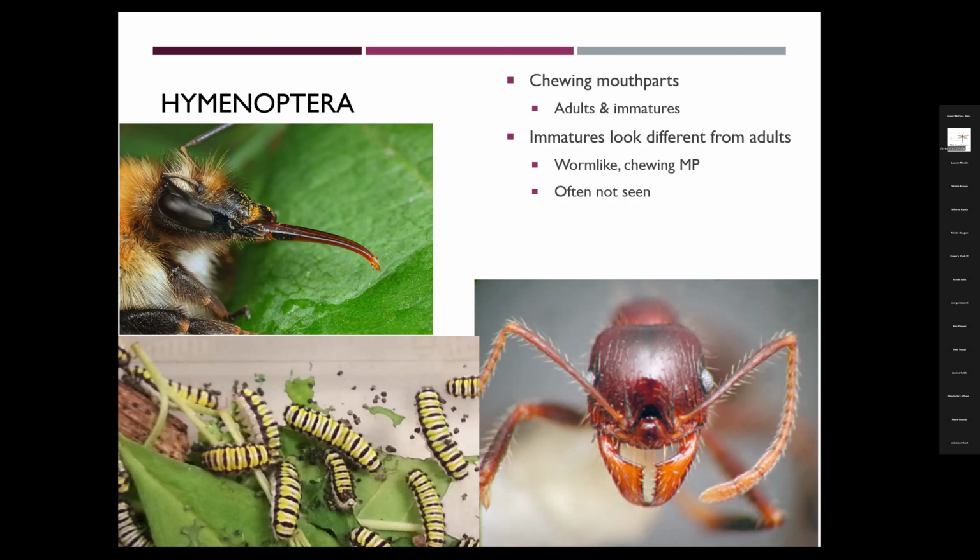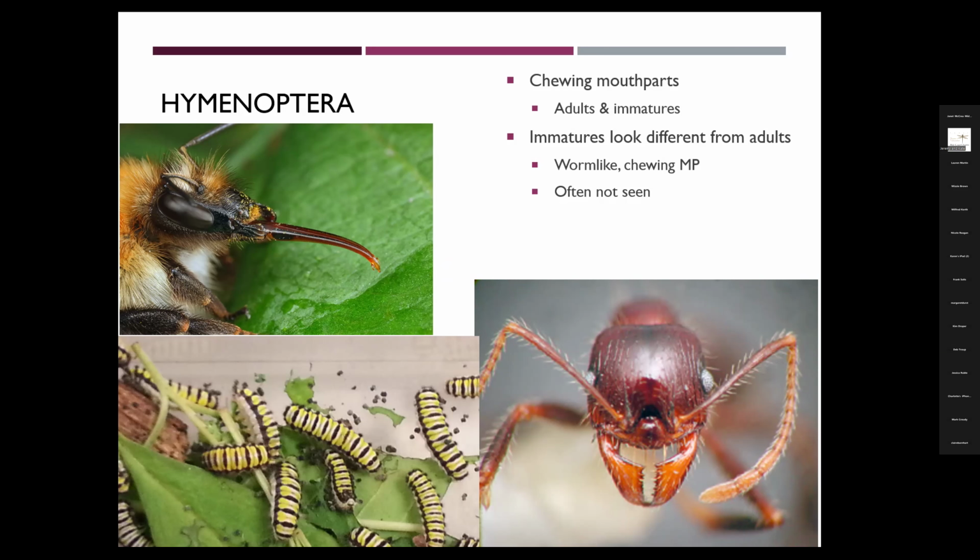So they're getting protein from that pollen source, and then the nectar is a carbohydrate. The immatures are going to look different from the adults, so they are going to be worm-like, but they do still have chewing mouth parts. A lot of times we don't necessarily see those immatures, especially when we're talking about social insects, and a lot of the solitary insects as well, unless you're digging around in their nursery area.